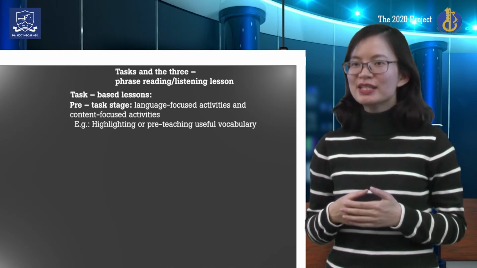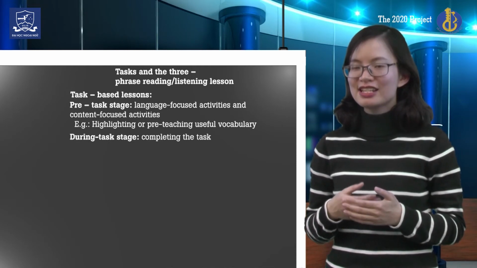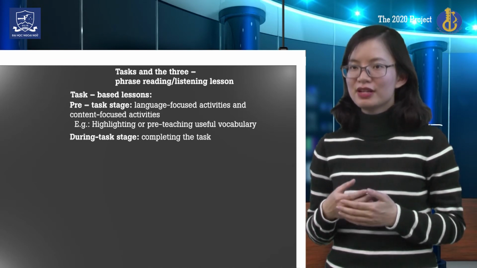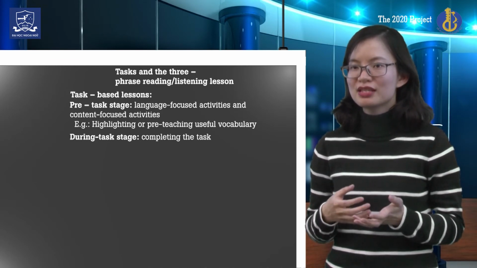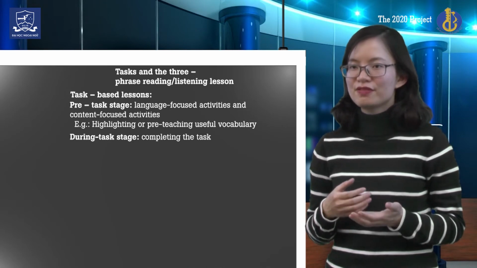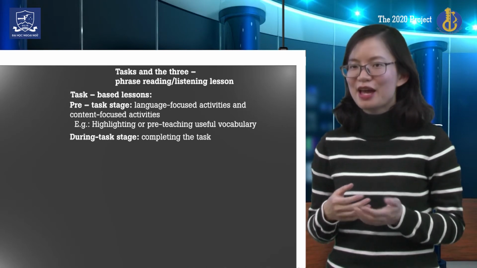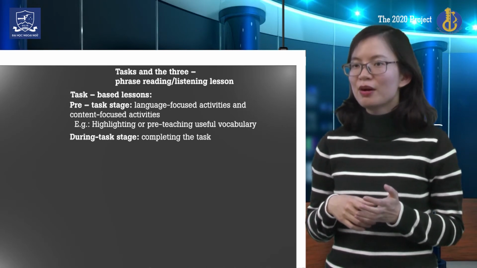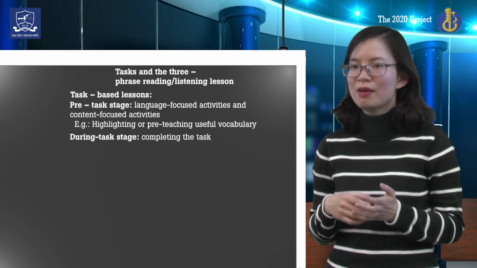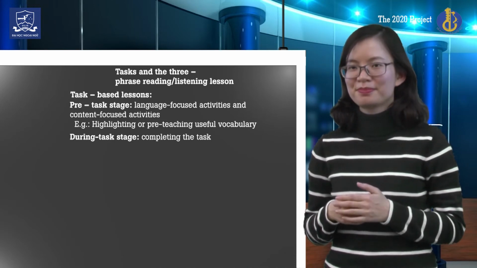The second, or during-task, phase concerns the task itself. The final phase is referred to as the post-task phase. This phase entails activities and procedures that are completed as a follow-up to task performance.